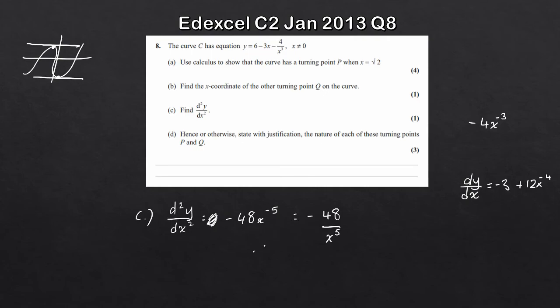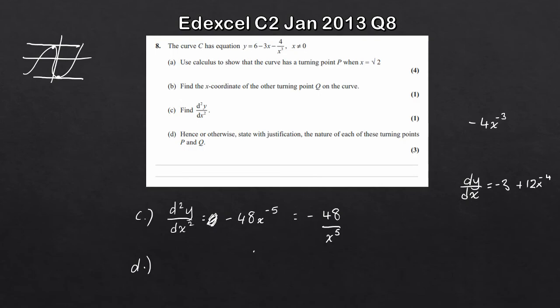Now, if you're covering differentiation and you're struggling with this concept of your powers, definitely go back to the first chapter in your textbook and practice. This is something that comes up quite a bit, and it's something you will get used to with practice, so just go back to chapter 1 if you are struggling with that.